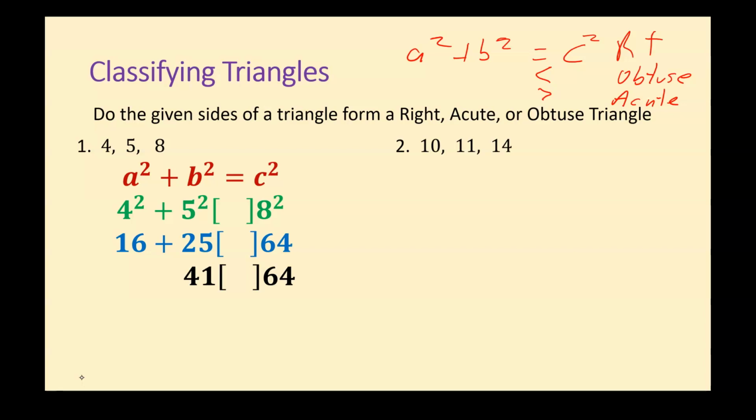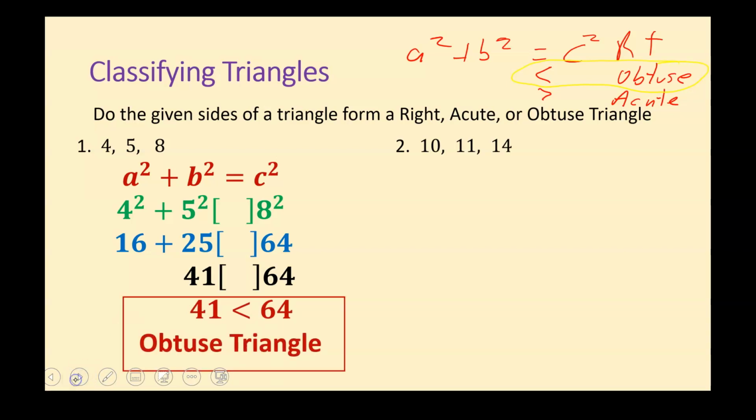So we know the c was bigger. So what does that tell us? That tells us we have to look at the scenario where it's obtuse. 64 is bigger, which tells us this is going to be an obtuse triangle.